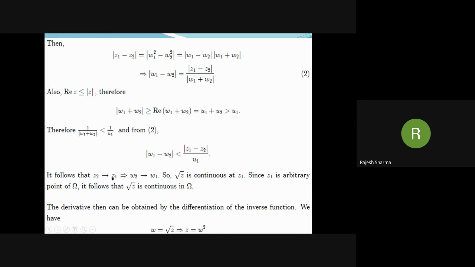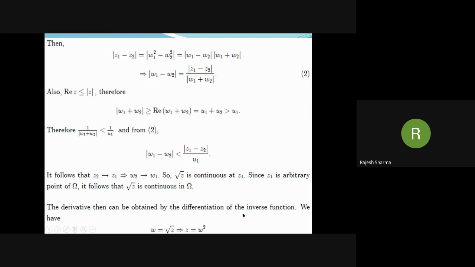It follows that when z2 goes to z1, then w2 goes to w1. So root z is continuous at z1, and from this we conclude that root z is continuous in omega. And remember that by root z we mean the real part of root z is greater than 0, and by omega we mean the set of all complex numbers except the negative real axis.